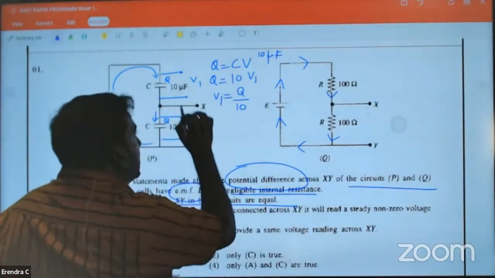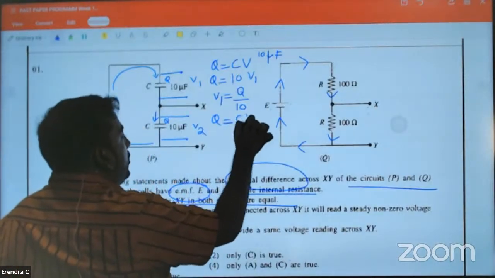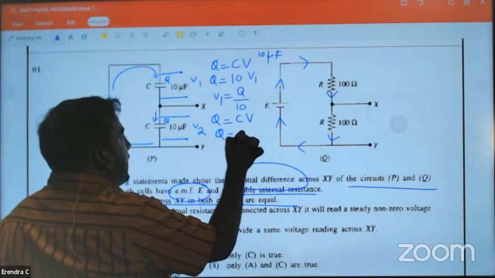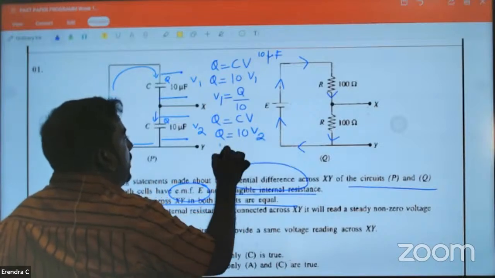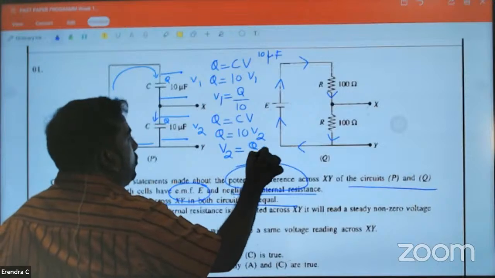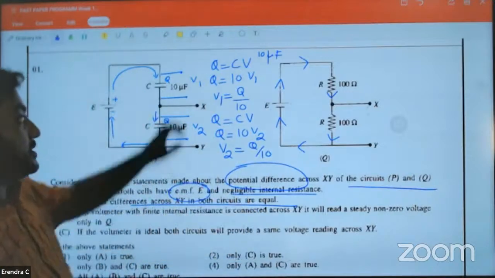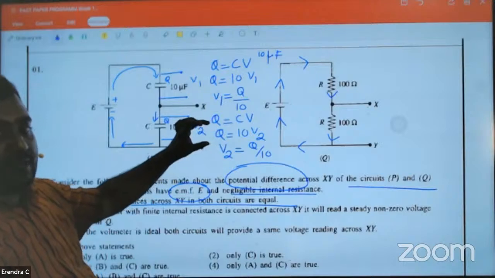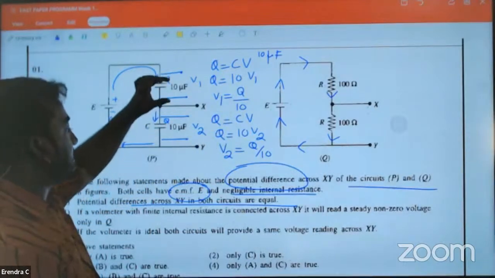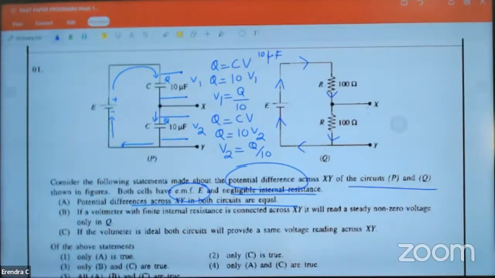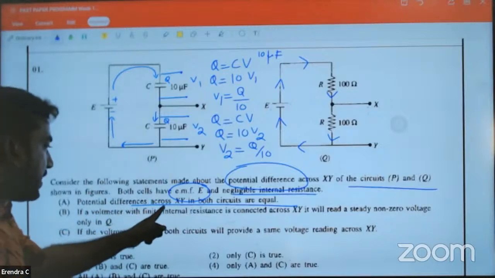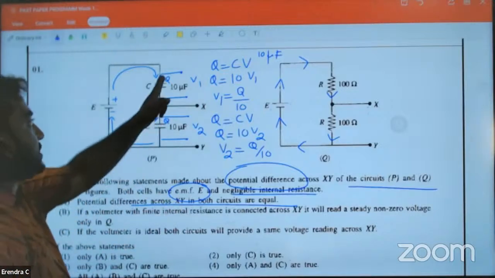So here also Q divided by 10, here also Q divided by 10. Potential differences are equally divided. So potential difference across XY in both circuits are the same.